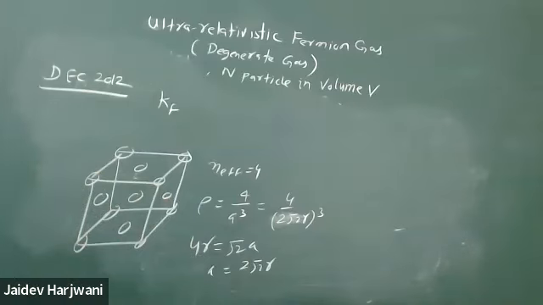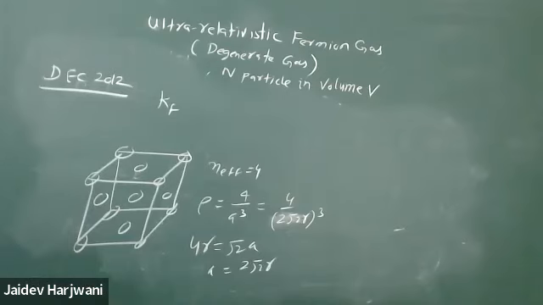Let me check one. Give me 1 minute. Okay, this is question 6. EF is, so we know the kF. We need to calculate only kF, na? 4 by a cube.